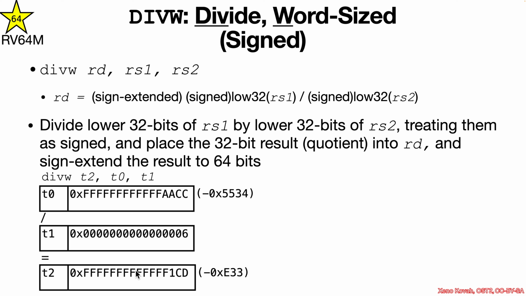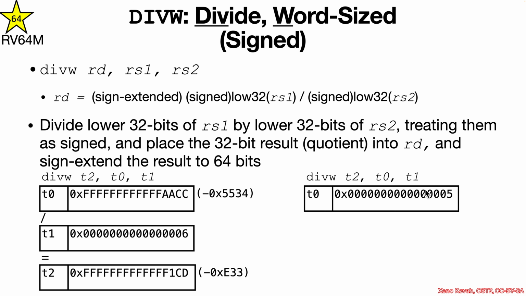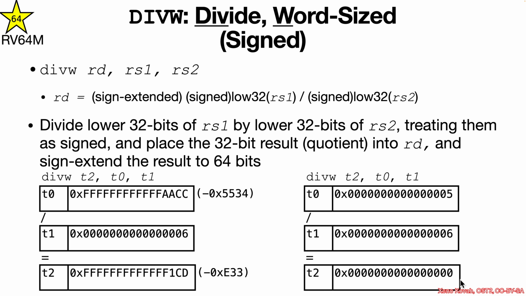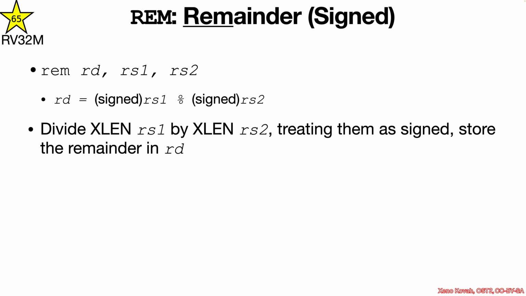It would just be the 32-bit FFFFF 1CD, but we then subsequently do the sign extension up to the 64-bit value. Another example, divw, 5 divided by 6, my old stalwart, goes in there 0 times.